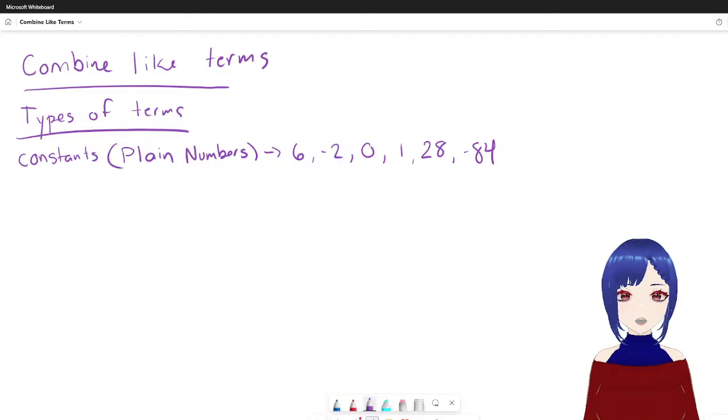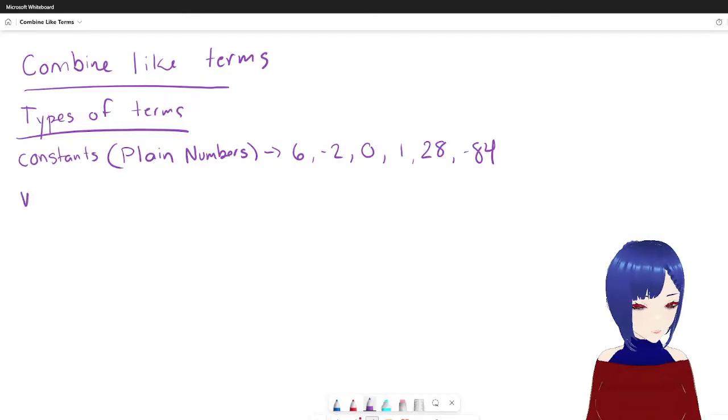But then we have our variables. And the variables are what you see when they make that joke: math was hard enough, why do we have to add letters to it.